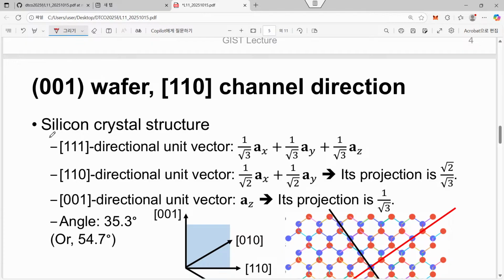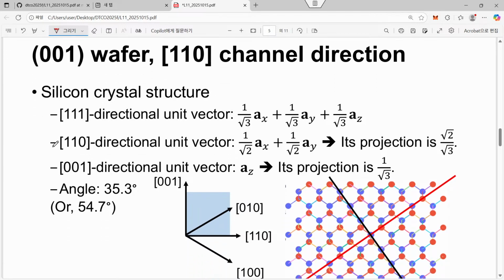I wanted to make it as short as possible. So in the previous lecture, we showed that selective epitaxial growth is quite important to have a source and drain.